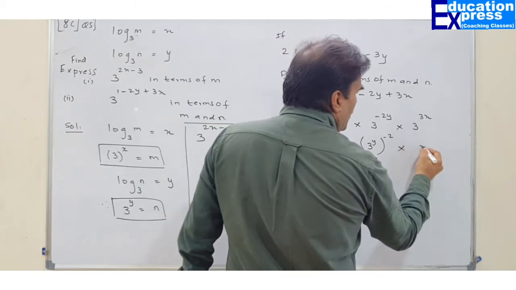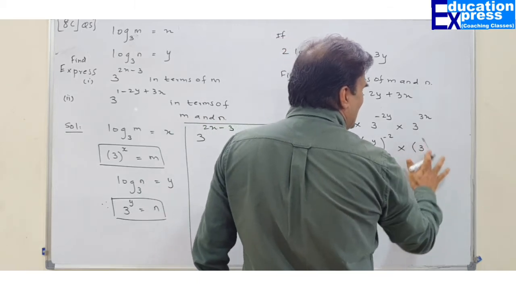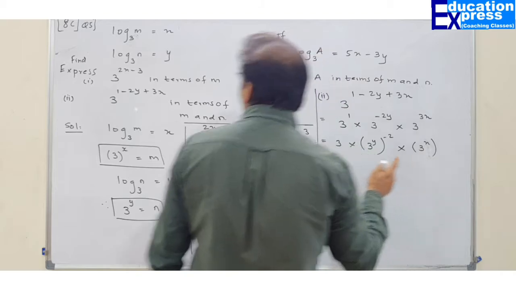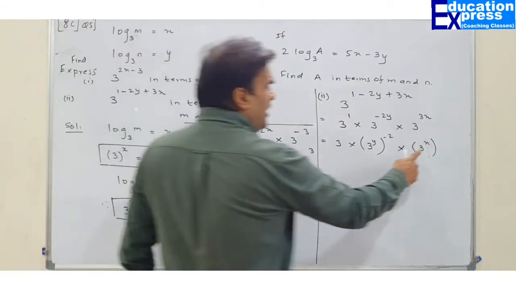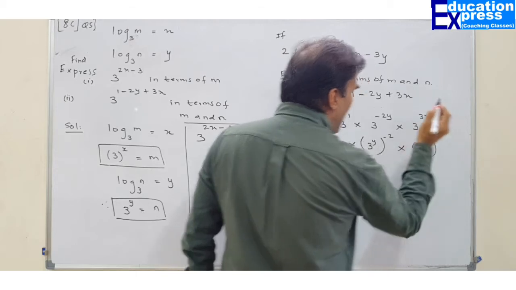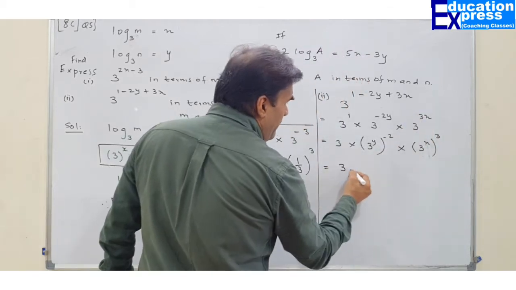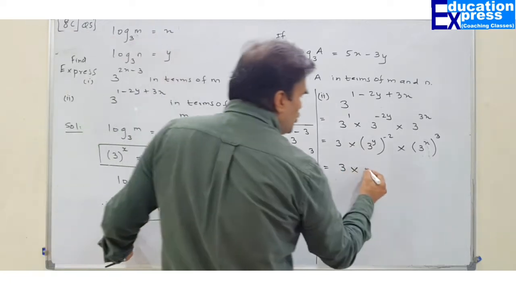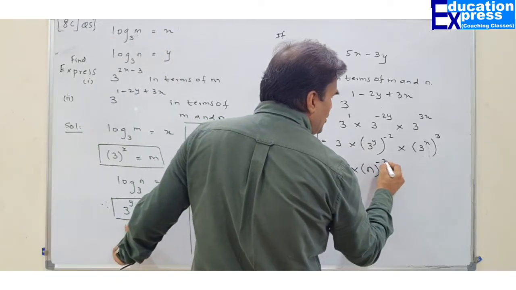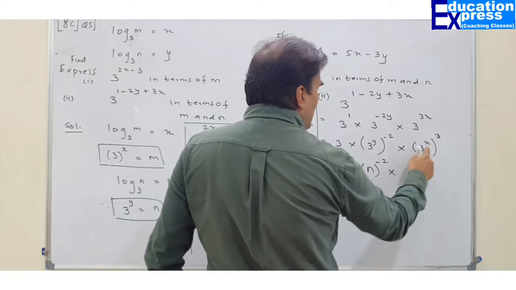Over here 3 raised to x, because we already have the value of 3 raised to x. And this 3 can be written outside. 3 multiplied by 3 raised to y, that is n. So n raised to minus 2 multiplied by 3 raised to x.